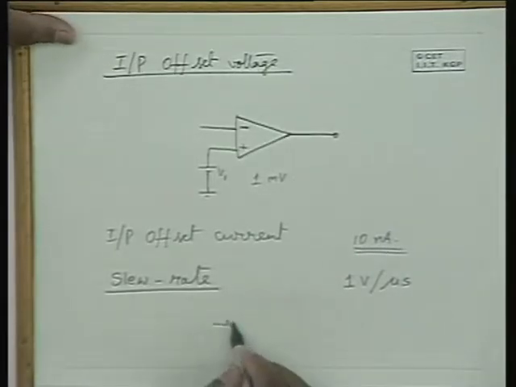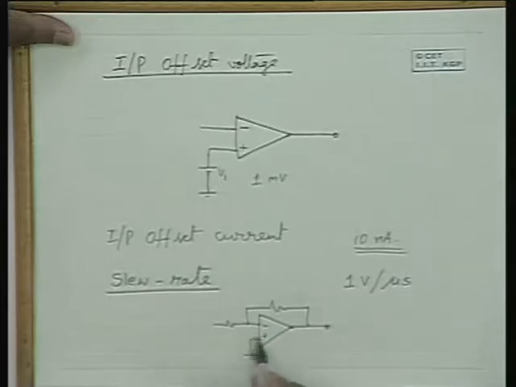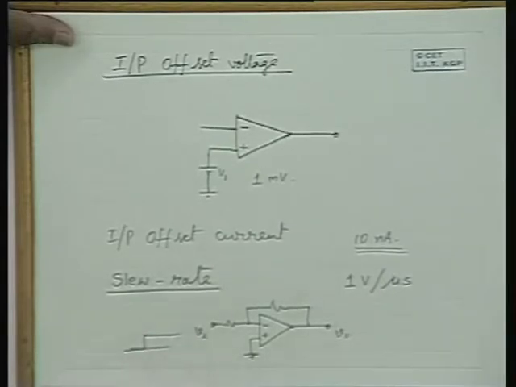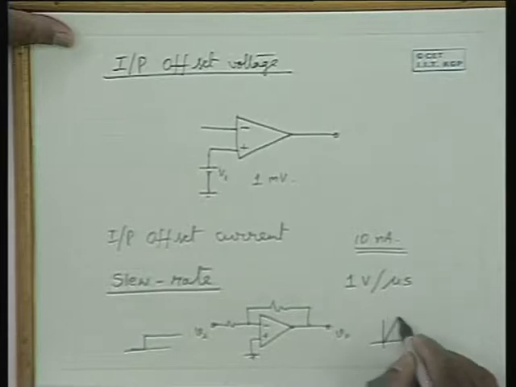In an op amp amplifier like this, now if you apply a step input at the input, the output is not a perfect step. If you magnify and look at it microscopically, you will find that the output rises slowly.